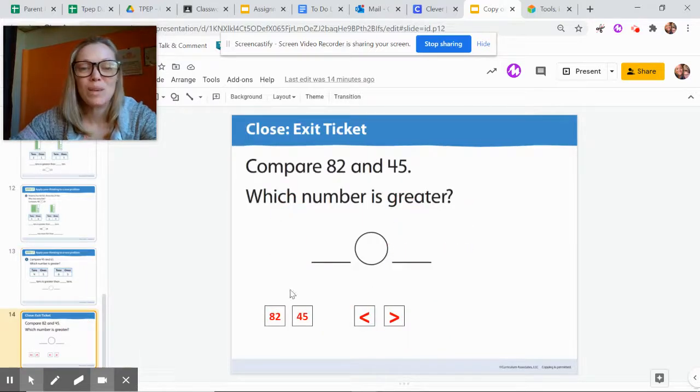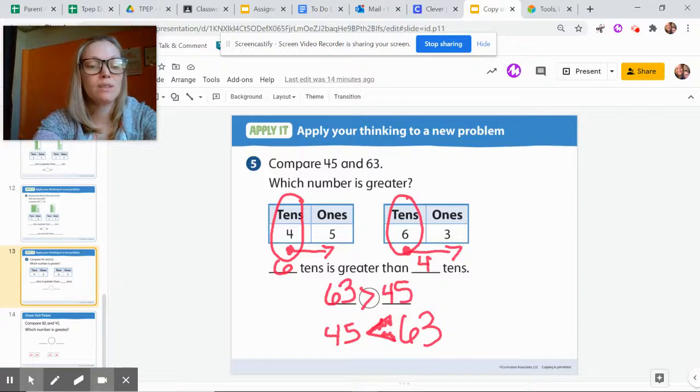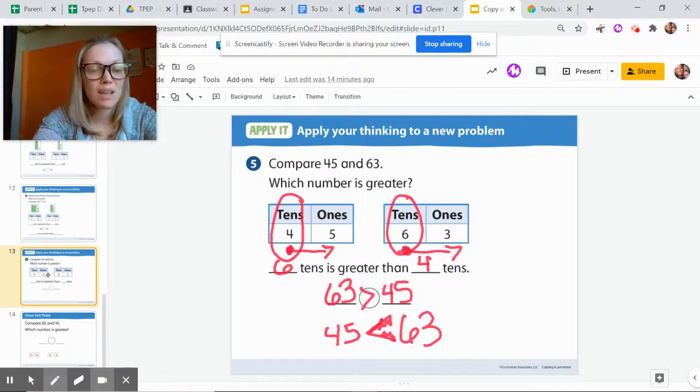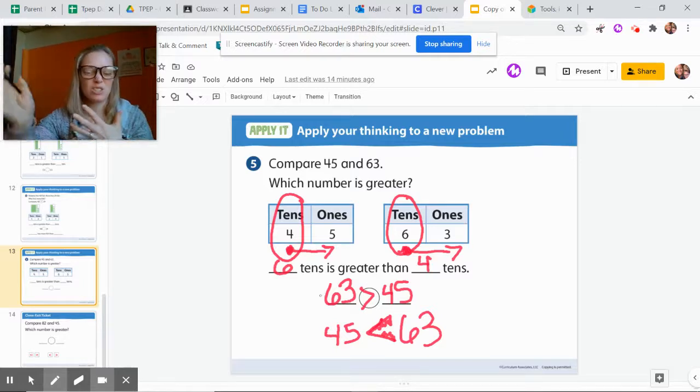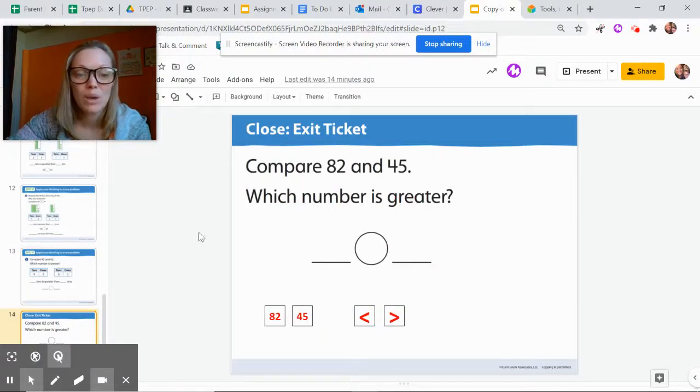Now, we practiced looking at our tens first. We always start with the farthest left number, check that first, and if we can answer the question, then we answer it. Which one has more? Okay. Tomorrow, or on your exit ticket today, make sure you start with the tens and then you look over. So down here, we have compare 82 and 45, which number is greater?